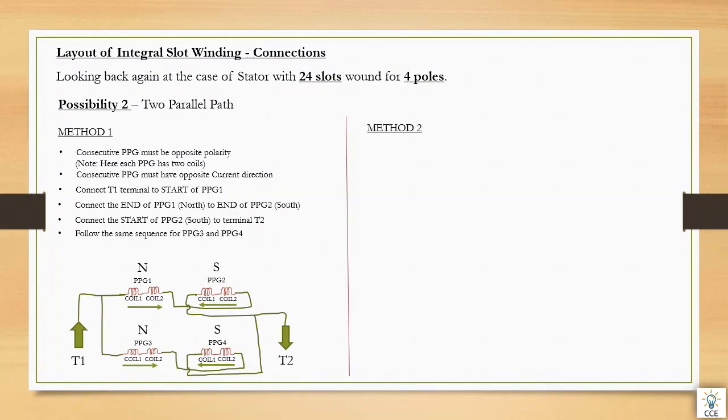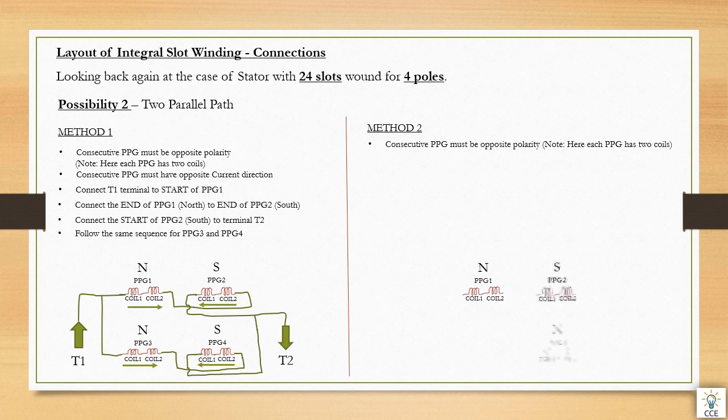Now we look at method 2. This is another method by which we can do it. Again, you place all the pole phase groups in the configuration as shown. Just to note, in the below case, the pole phase group 3 has been kept towards the right and pole phase group 4 on the left.